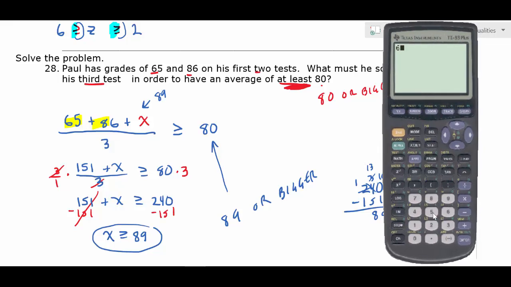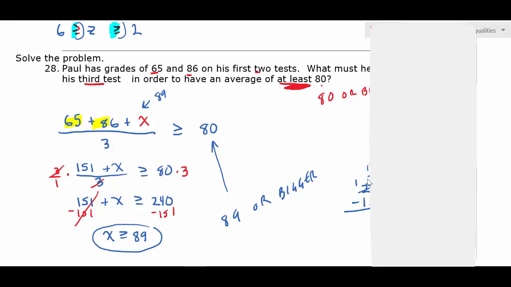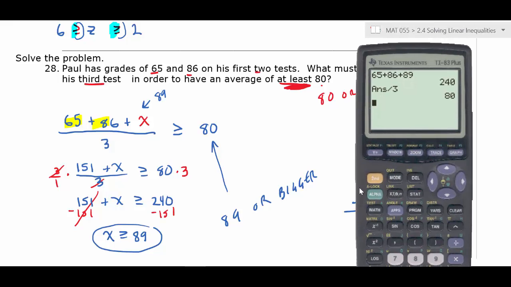Okay, so if I was to take 65 plus 86 plus the 89, I would get this. Now divide by 3, I would get an average of 80. Okay, so that's the idea. That's the calculation I just did. That's how you verify you're right.